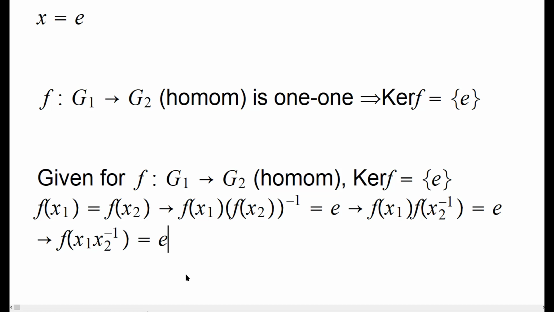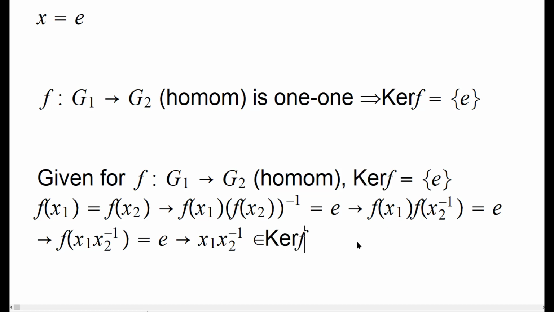So we have f(x1 x2 inverse) equals e, and this e is in G2. So keep that in mind, that this belongs to who? This is in the kernel of f, right?